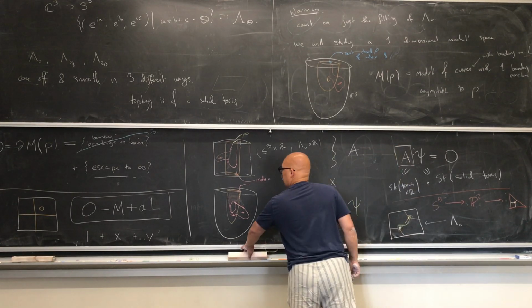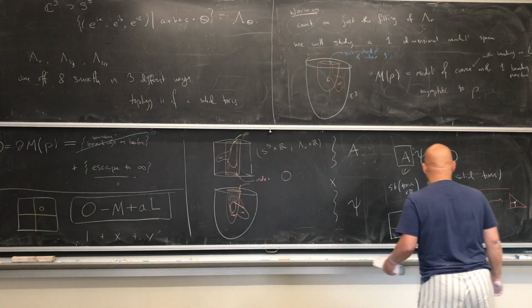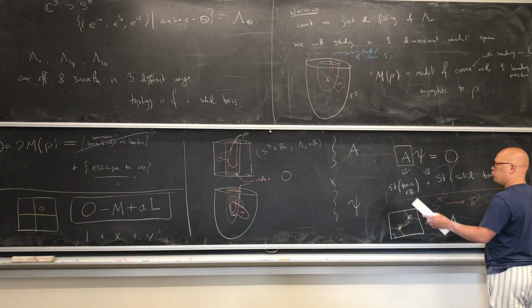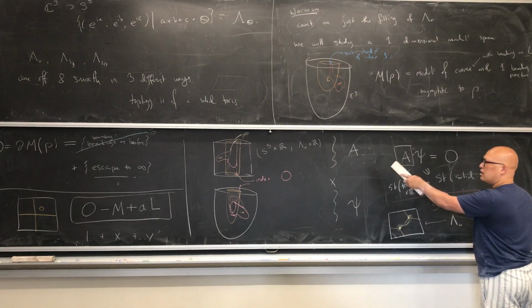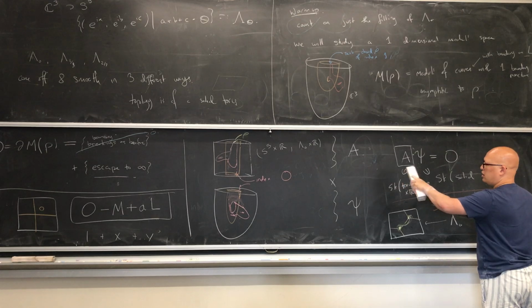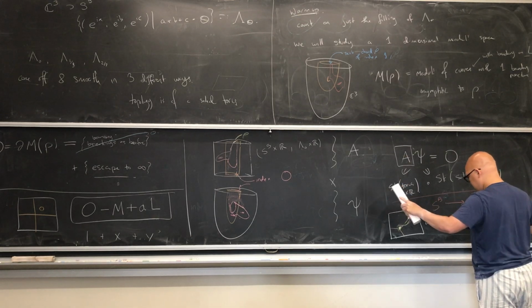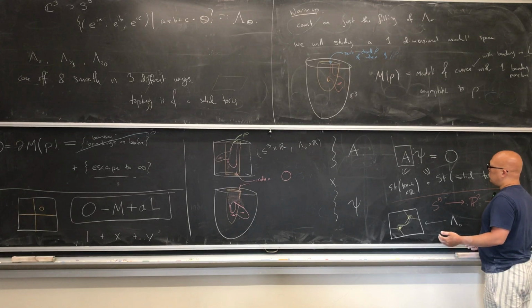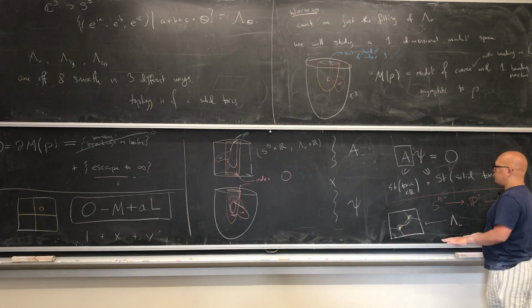Okay. So that is how you derive this A for this one Lagrangian case, and then you can turn it into combinatorics in various ways.